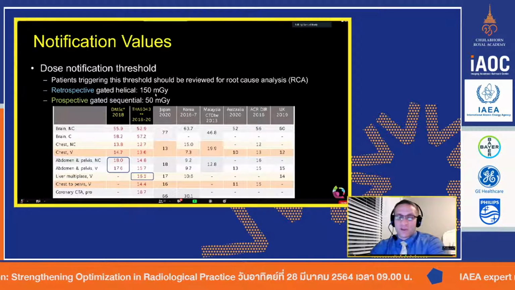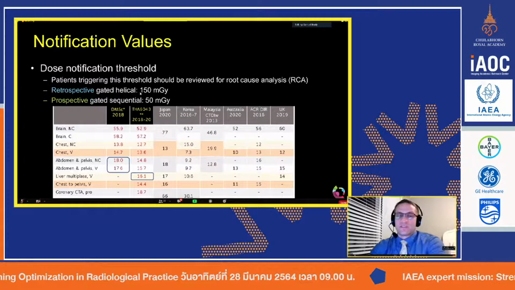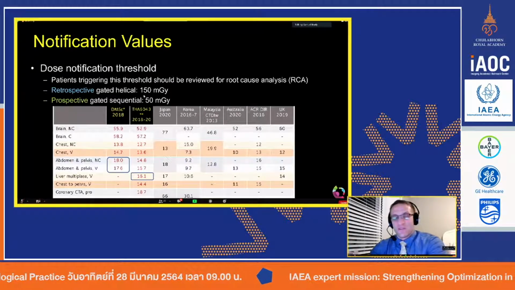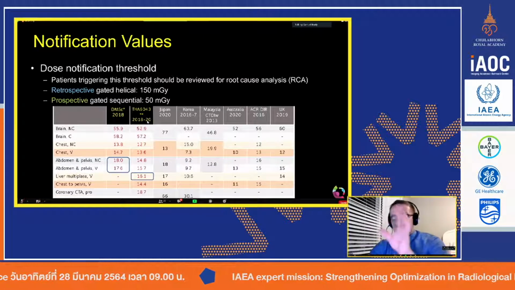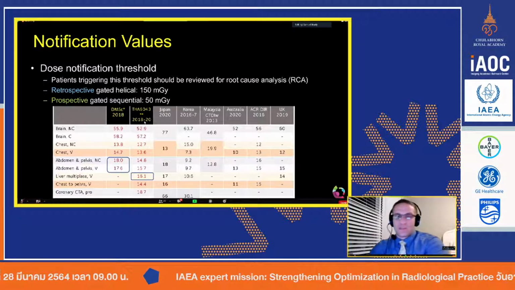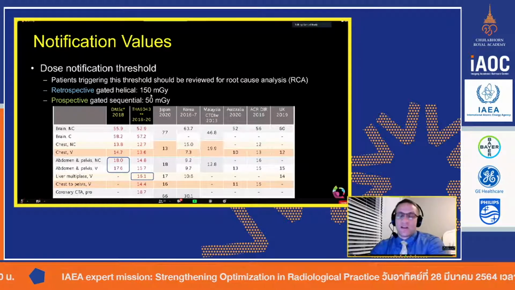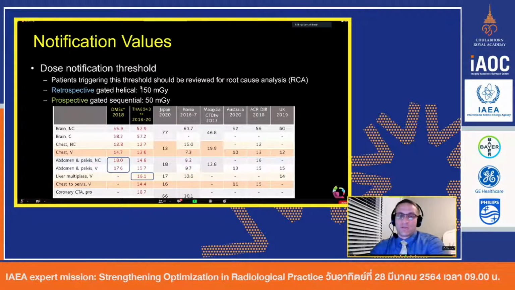And for prospective, it's roughly 50. So these are just values you would set on your dose monitoring software to just determine if the acquisition of that particular patient is too high or too low, how it compares. So it's not a diagnostic reference level, but it's an internal hospital value.